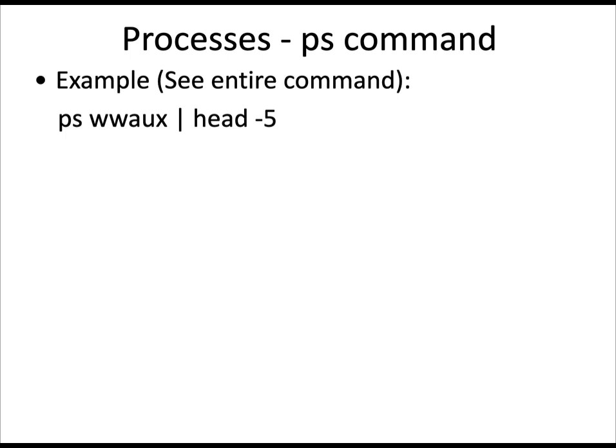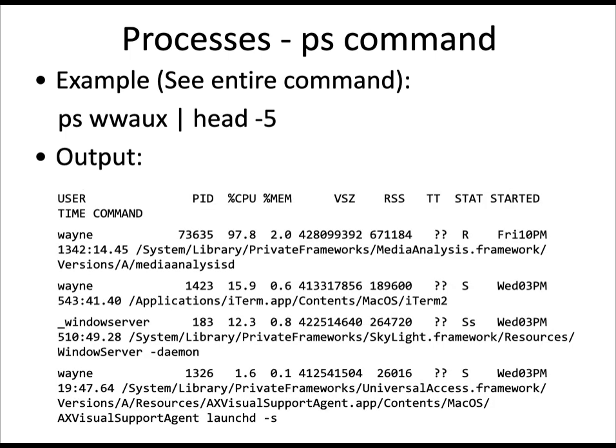And then I want to see the top 5 commands. When I do this, this is what I get. Instead of seeing things like mediaanalysisd, I actually see the full path name of where it is running on the system.